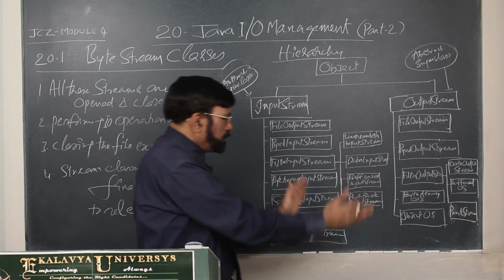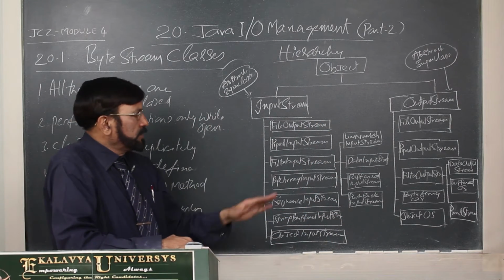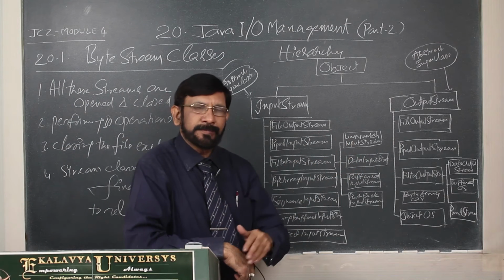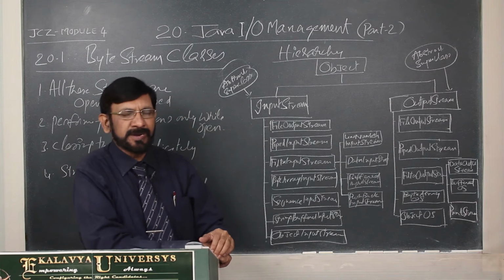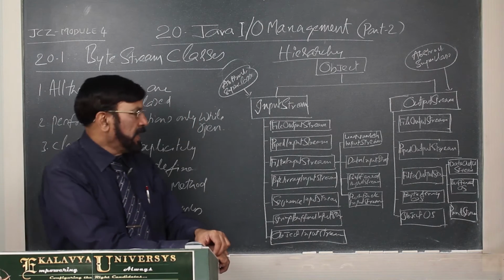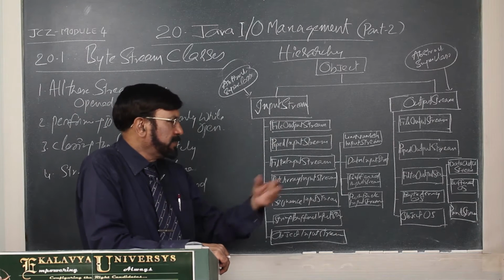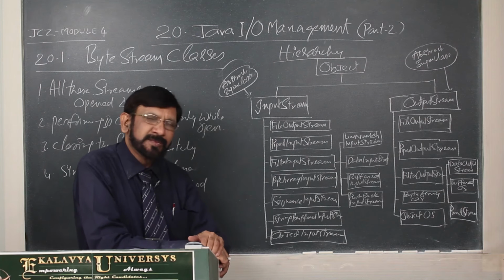First, have a look and just see the names. I am not going to explain each and everything here, but out of these core classes, their functionalities and the application also I am going to show. If you have interest, definitely you can study the leftover classes also very easily.